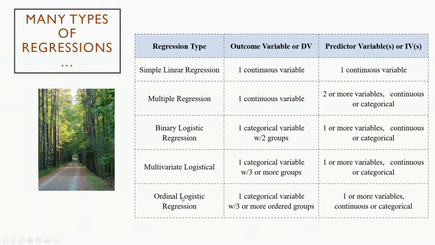There are a few others, but these are some basic ones, and this is something good to look back on if you've got your data and you're trying to figure out which one to run. But for the rest of this lecture, at least 95% of the time, we're going to be talking about simple linear regression, or OLS regression.